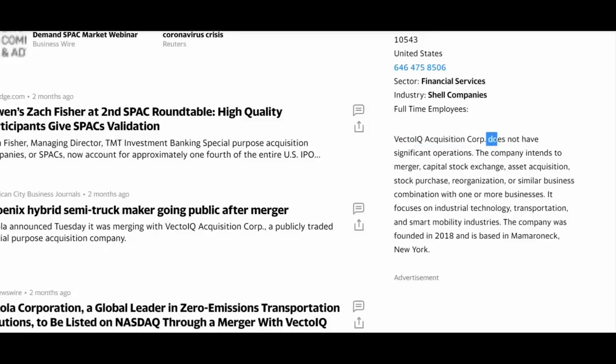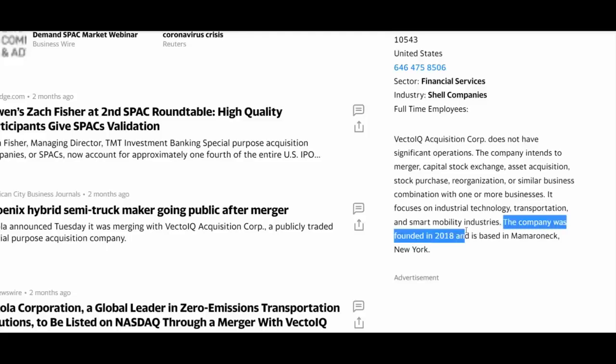So you see, it does not have any significant operations. The company intends to pursue a merger, capital stock exchange, asset acquisition, stock purchase, or similar business combination with one or more businesses. That means it's a holding company, and it is just raising capital and assets to acquire another company or to help startups boom.